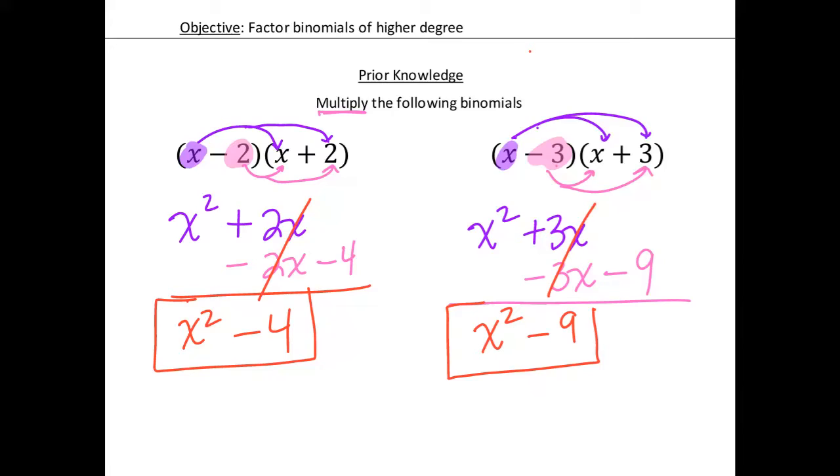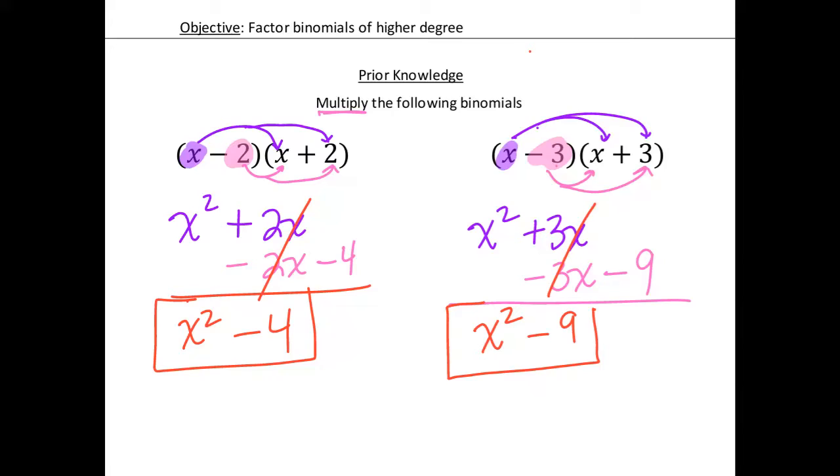So lefty, tell your partner what happened to the middle term, and then what do they have in common in the setup? Okay, ready?